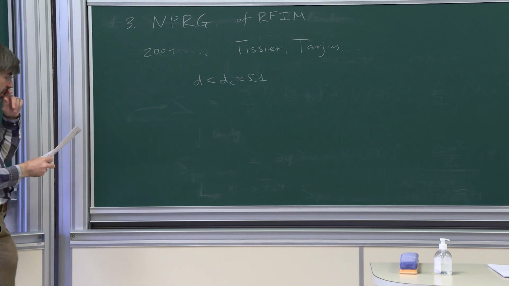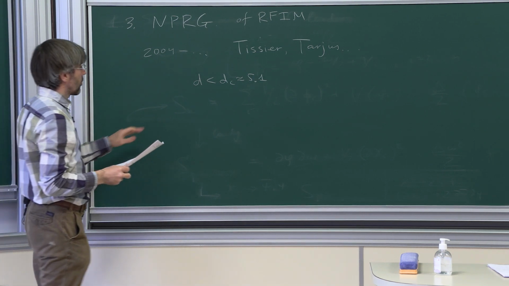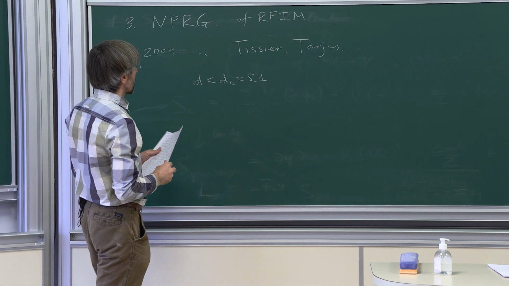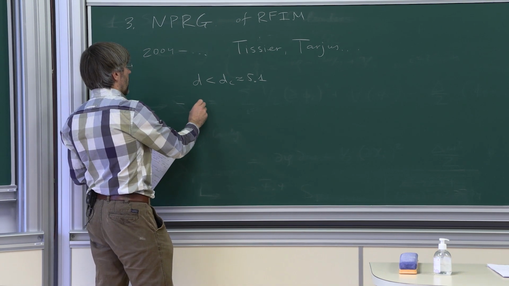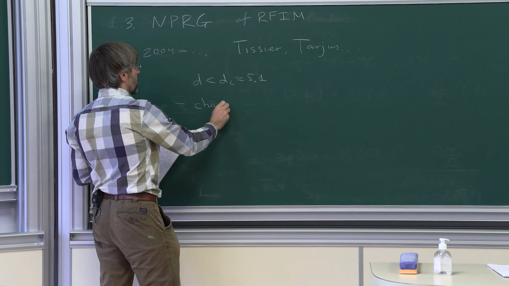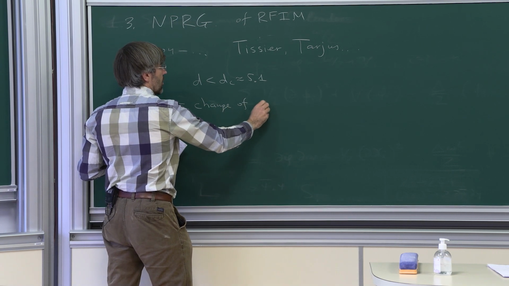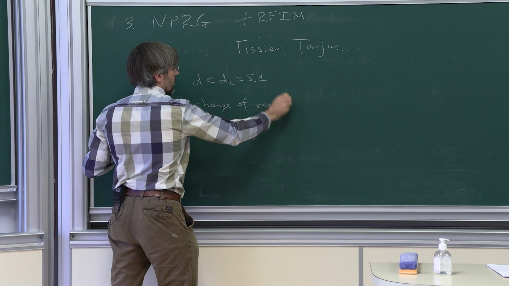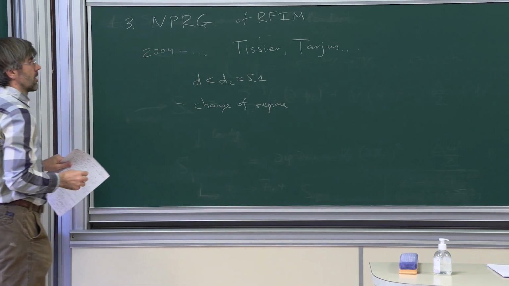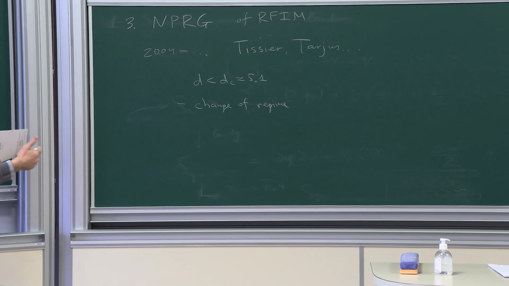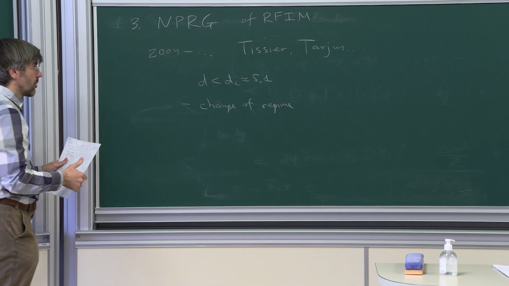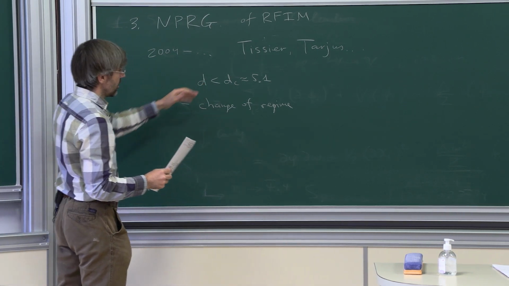So in particular, they noticed that for d less than d critical, there is a change of regime, because the way they detect this change of regime is that certain functions which they solve for, instead of being smooth and analytic, become non-analytic when you go to d less than dc.